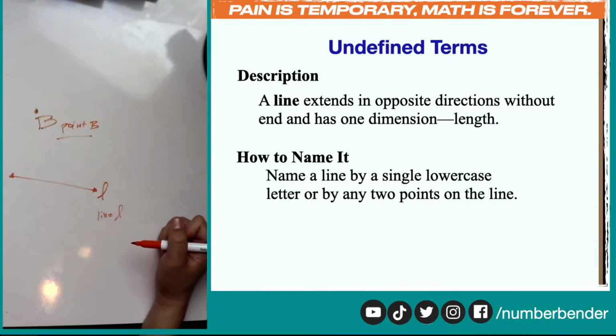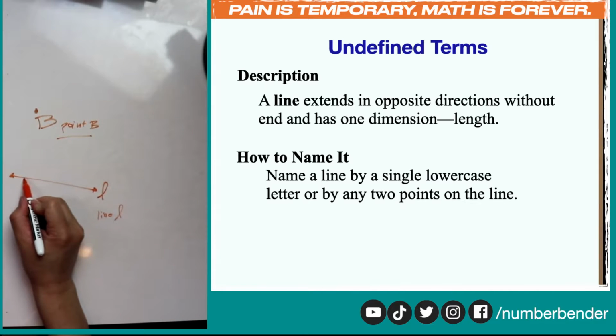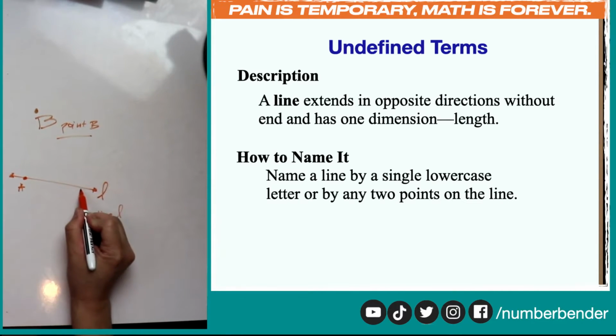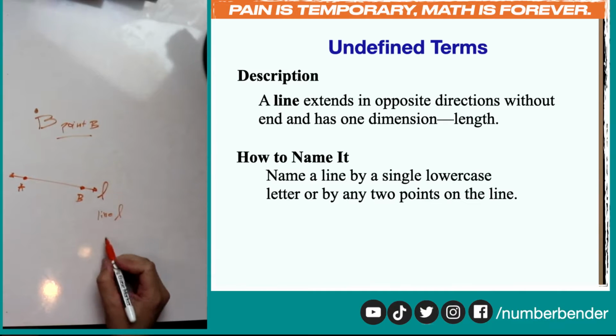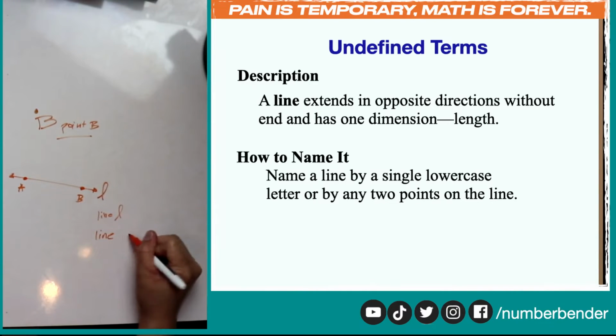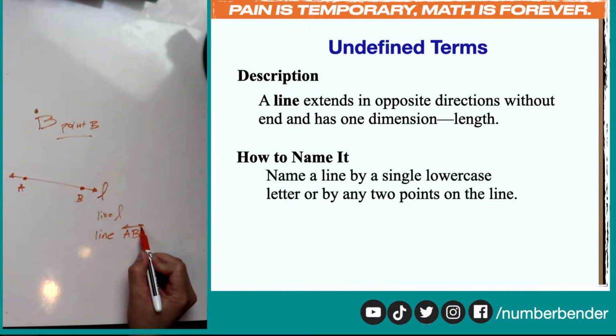And another way of writing out a line in geometry is by using 2 points. So let's say this is point A at ito ay point B. So pwede din natin itong tawaging line AB. And notice na ang ginamit kong symbol this time ay arrow in between, arrow on both ends to denote a line in geometry.